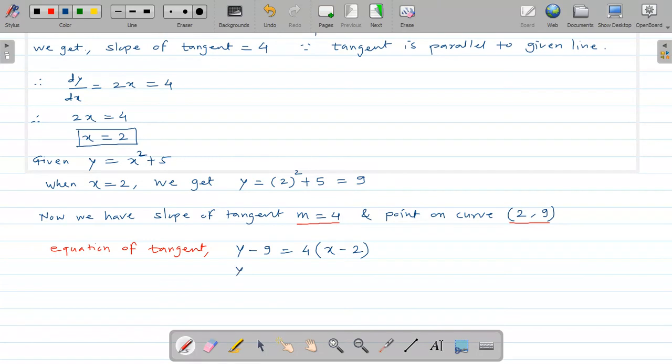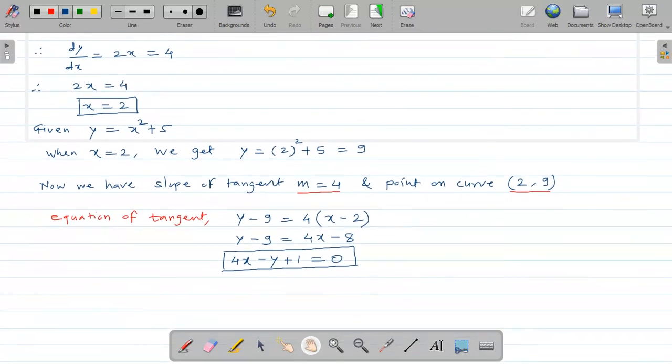Now simplify this. So y minus 9 is equal to 4x minus 8. Now rearrange this equation. So we get 4x minus y plus 1 is equal to 0. So this will be the equation of the tangent.